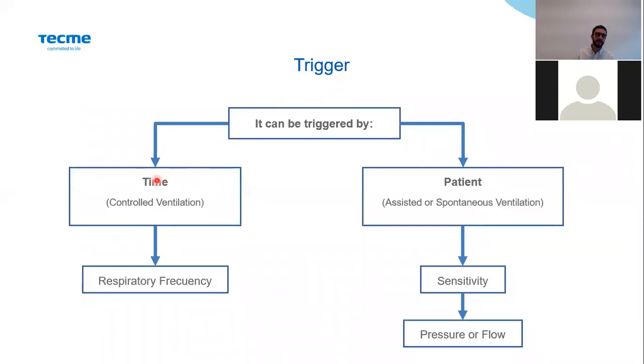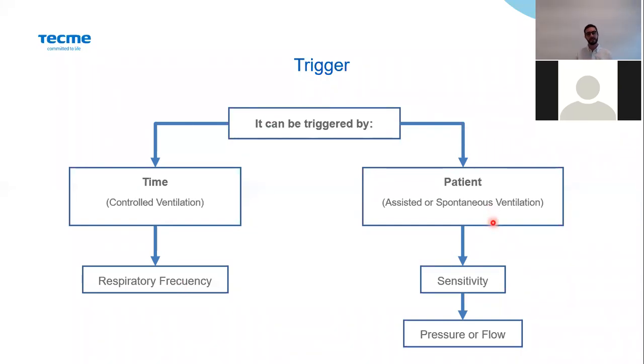So if we are in a controlled ventilation, the trigger is by time, and the user is setting a respiratory frequency. So in all controlled ventilatory modes, the user is always setting a respiratory frequency.